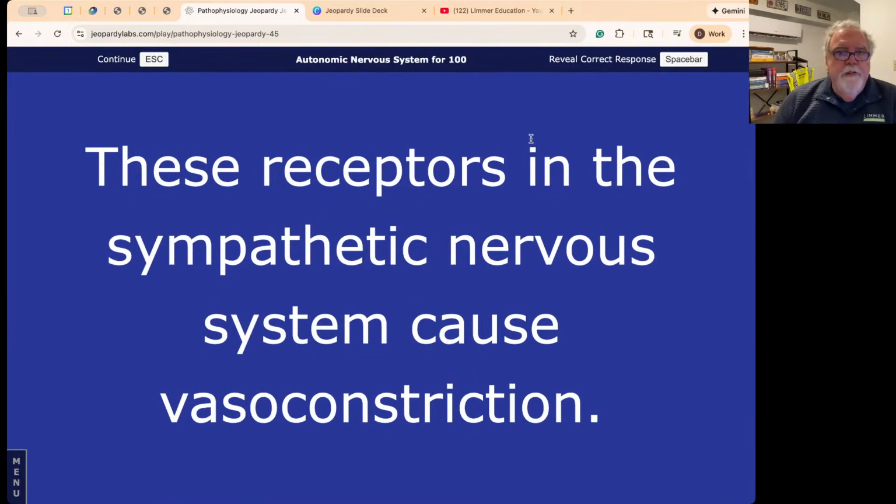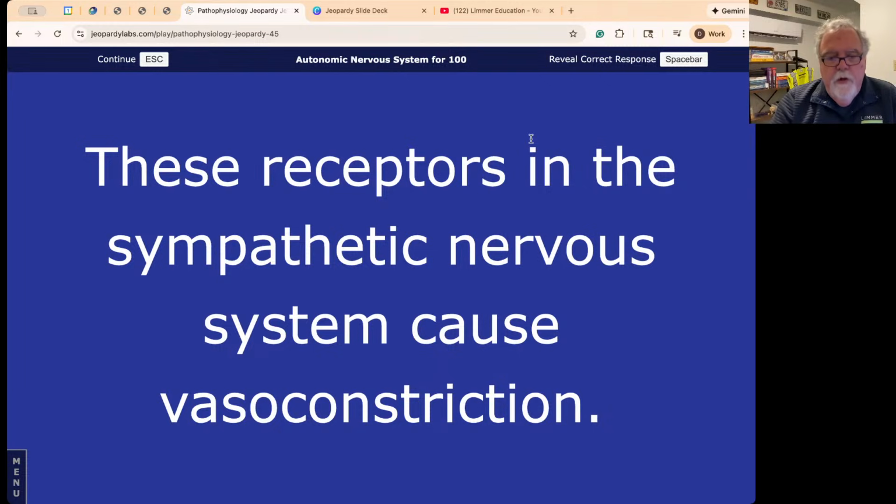These receptors in the sympathetic nervous system cause vasoconstriction. What receptors in the sympathetic nervous system cause vasoconstriction? Now, if you're in an EMT class and you weren't taught this, this is pretty important stuff.